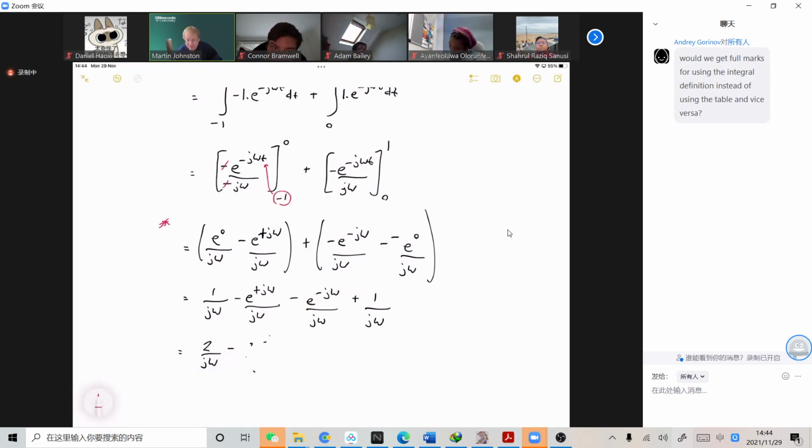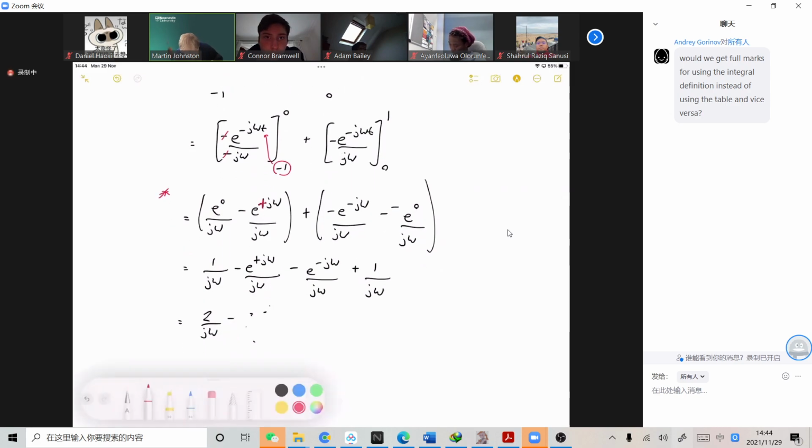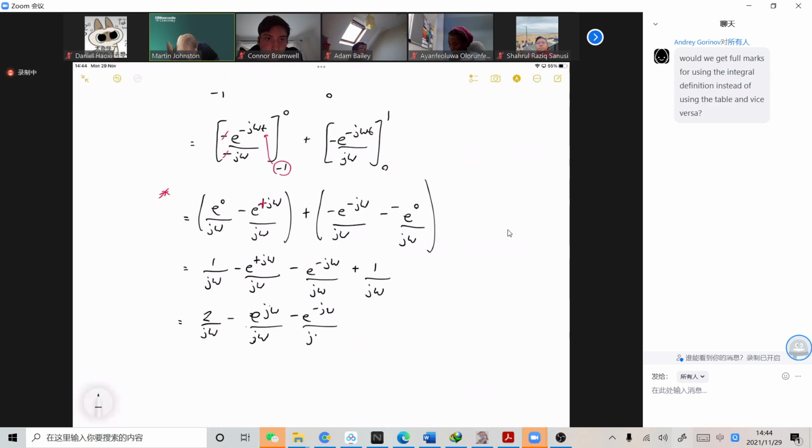Put it into there, it will make that exponential power positive. So it's e to the plus j omega. In that case, we have minus e to the plus j omega over j omega, minus e to the minus j omega over j omega.